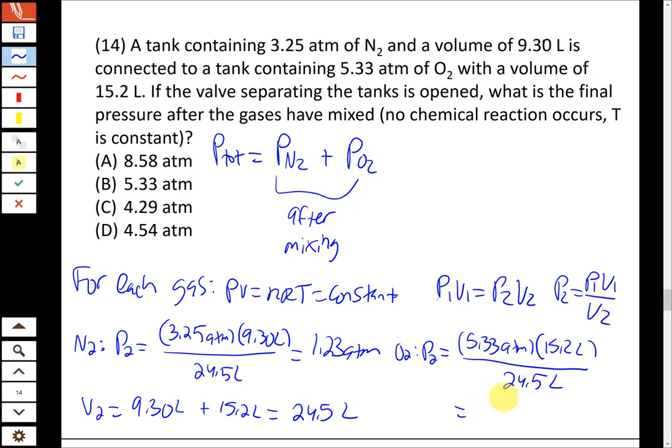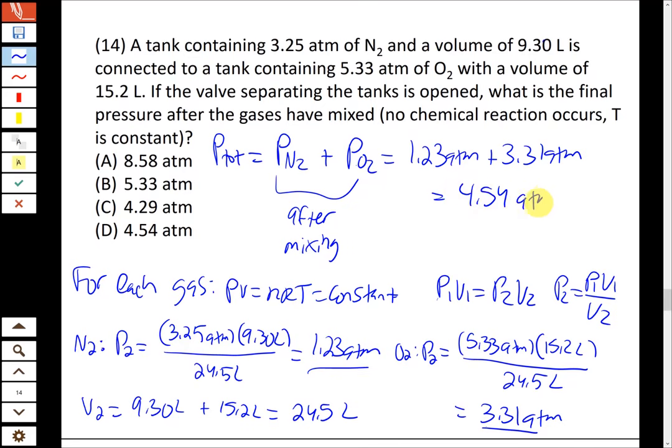So for O2, its final partial pressure is 3.31 atmospheres. And so now we have both partial pressures after mixing. We just add them together to get the total pressure after mixing. 1.23 atmospheres for nitrogen, 3.31 for oxygen, and the sum is 4.54 atmospheres. And that would be answer choice D for this problem here.